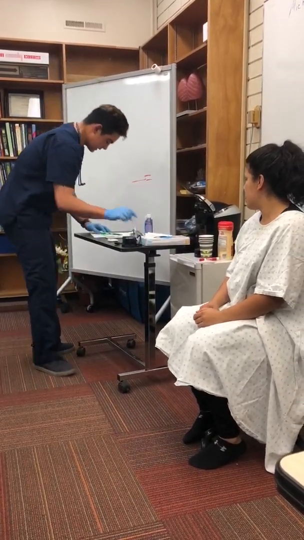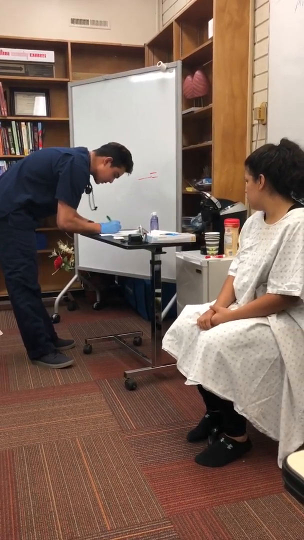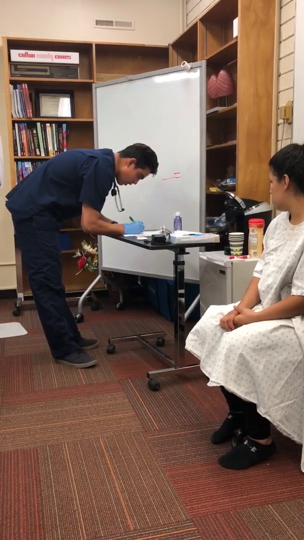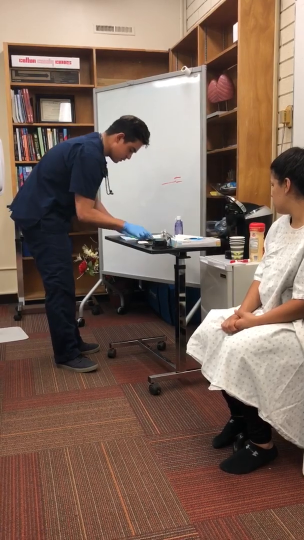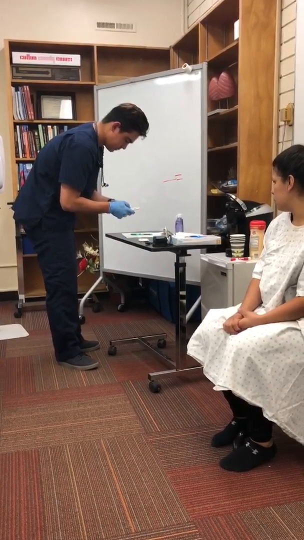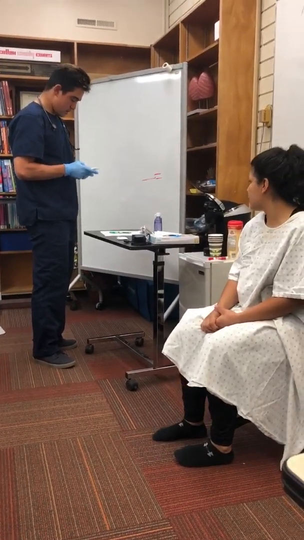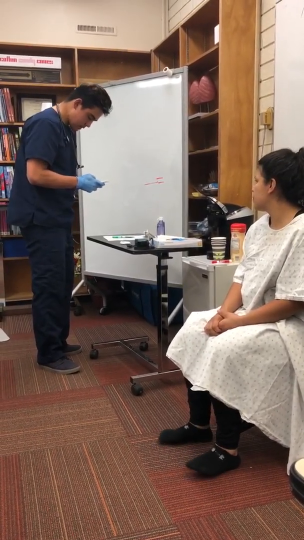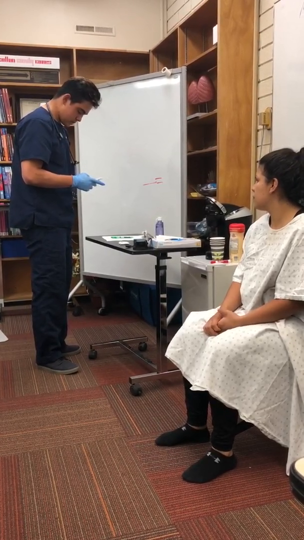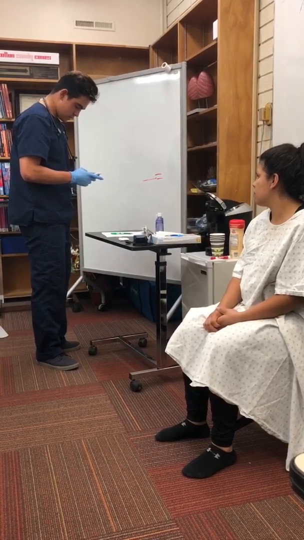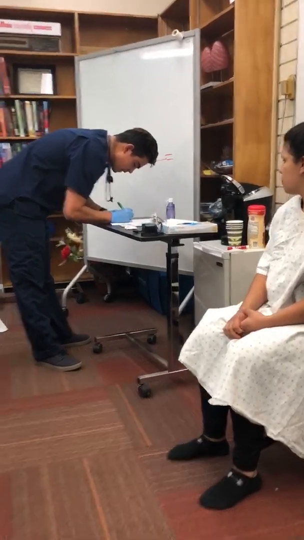So I'm going to hold on to this for just a second. 210 being the highest, so we're going to take 210 divided by 418 times 100 to get your percent. Okay, so we're about at 50% of your predicted.